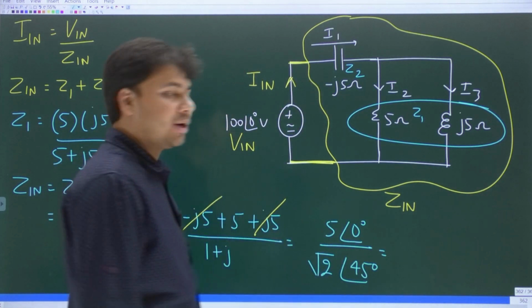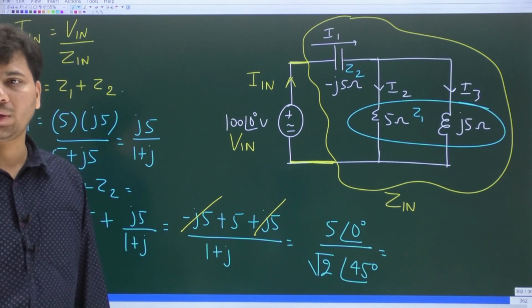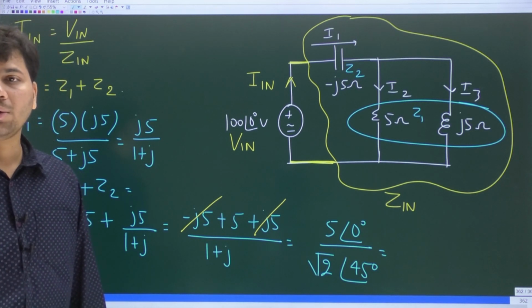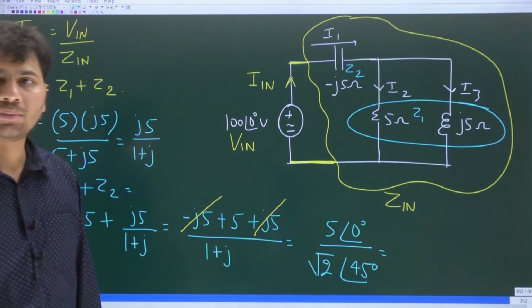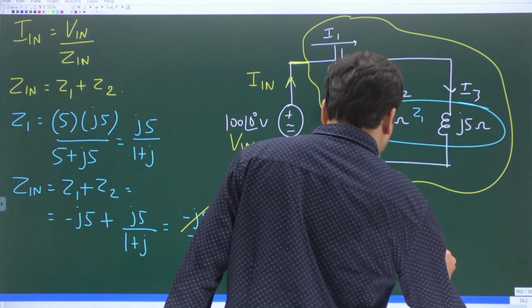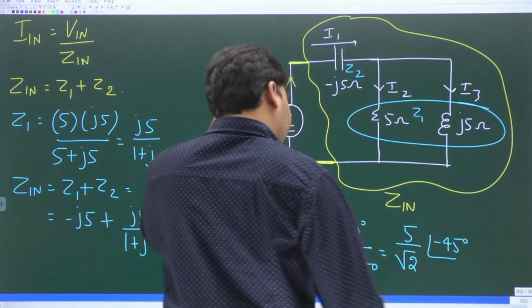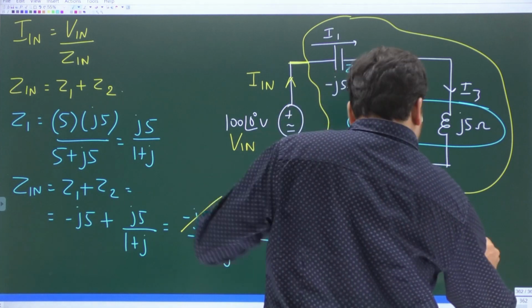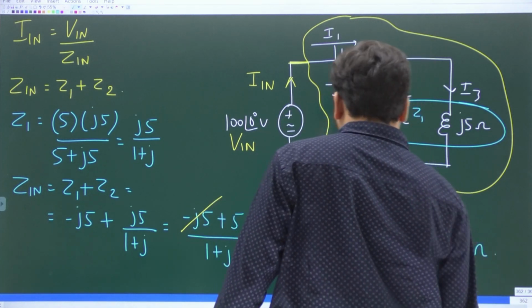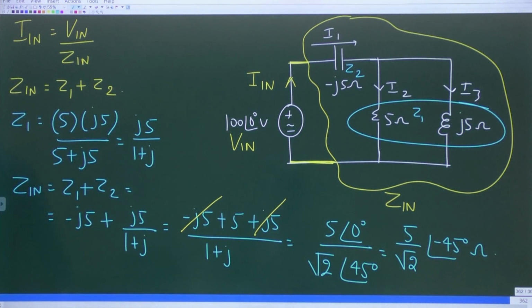That's all. 5 divided by root 2 at an angle minus 45 degrees. This is my input impedance in polar form. Okay. What is it? 5 by root 2 at an angle minus 45 degrees. Units, they are going to be ohms. Impedance, right? Units are going to be ohms.